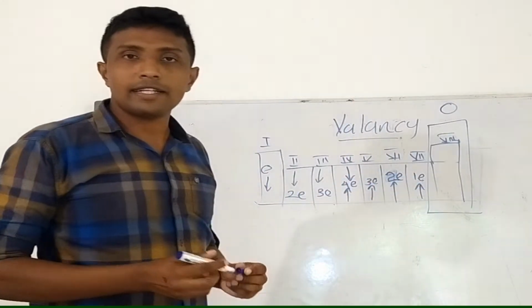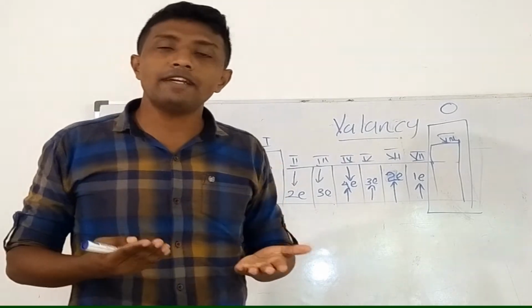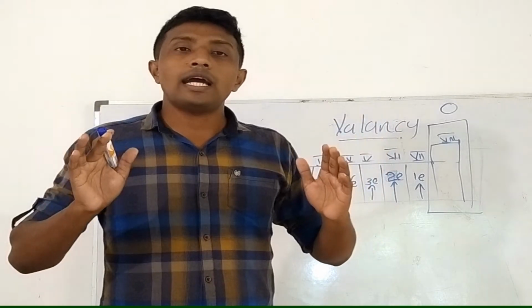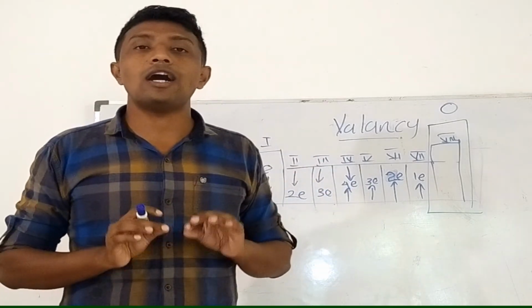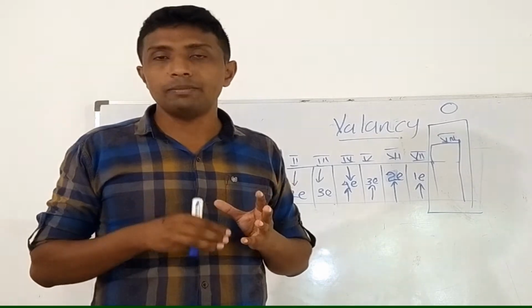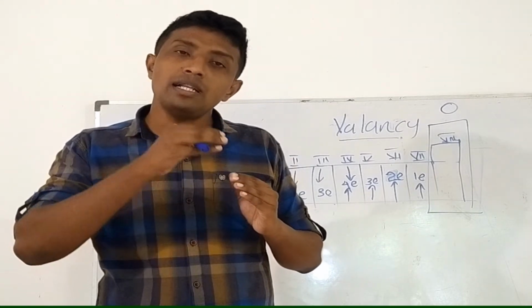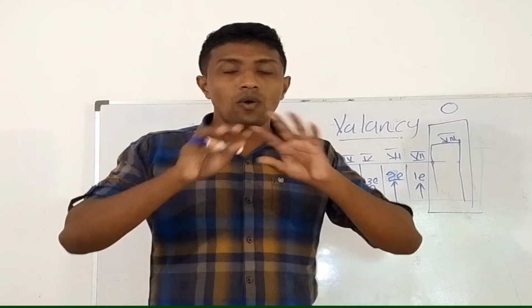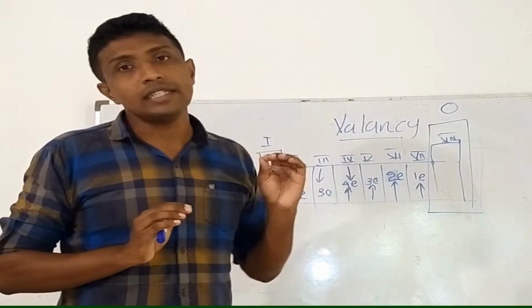Now we learn why they are willing to give an electron, and why they are willing to take an electron. That is because of their electronic configurations, which you learned about. Each element, irrespective of its nucleus composition and atomic number, wants to have a stable electronic configuration. So what they do is try to move to the closest stable electronic configuration.